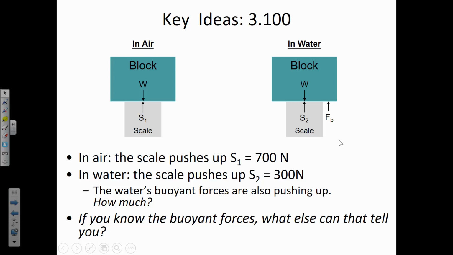So it's the same block, it's just that we're submerging it later on, and we're going to look at how the scale reading changes. And so when it's in air, the scale says 700 newtons. And you can think of that scale reading either as the weight acting downward, or it's the force of the scale pushing up on the block.